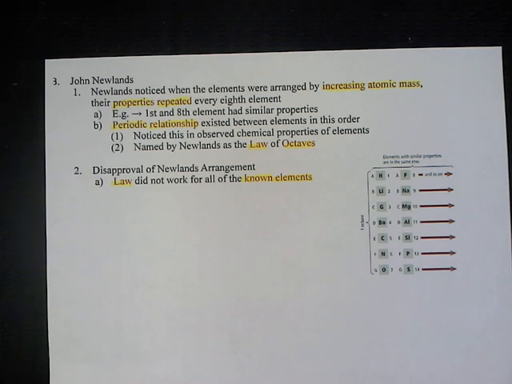This periodic relationship became known as the Law of Octaves, because for the most part, every 8 elements that were known at the time seemed to have this repeating pattern in terms of chemical behavior. However, this law, which really shouldn't have been a law at all, did not work for all the known elements. So they have a system to help organize the elements in increasing atomic mass, but it doesn't hold true for each and every element.